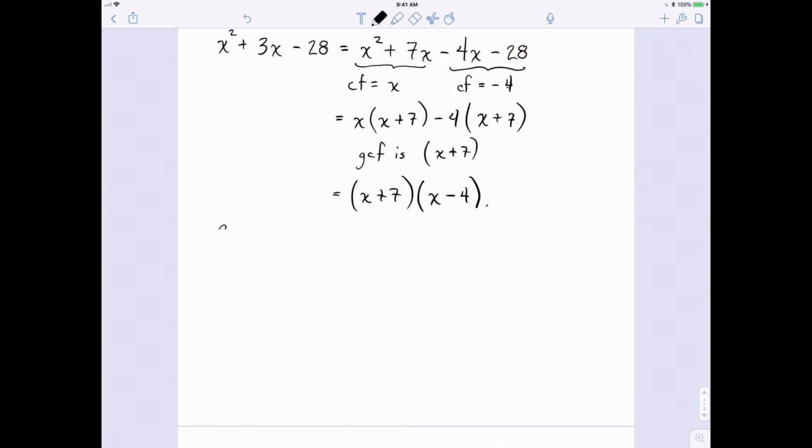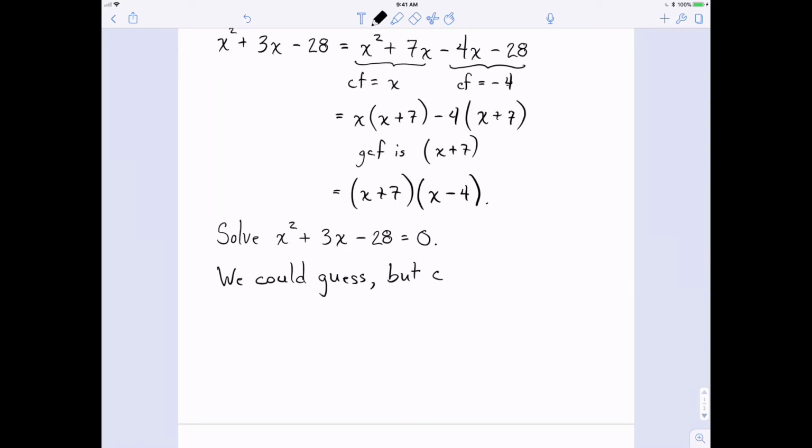Let's change the problem to solve x squared plus 3x minus 28 equals 0. Okay, we could guess, but consider the whole purpose in what we've been doing.